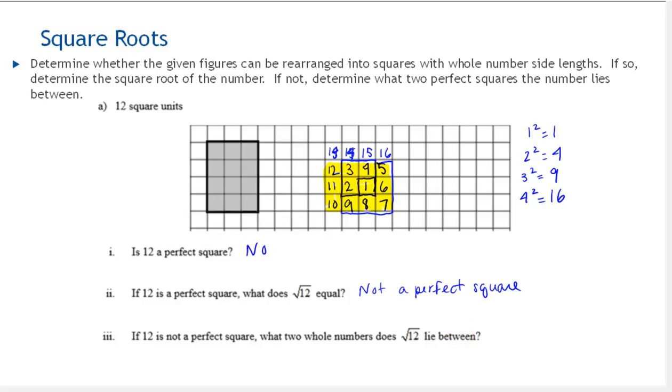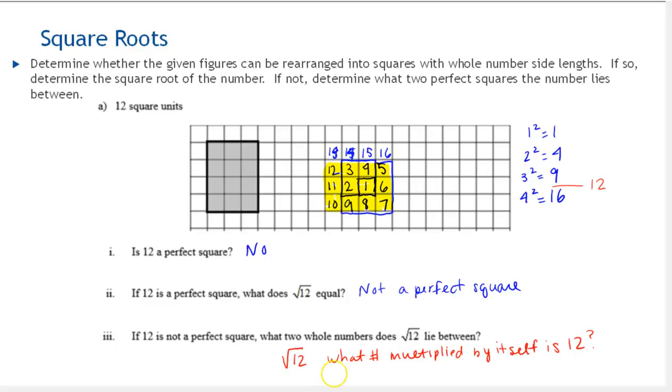Well, notice 12 lies between 9 and 16. So that means the square root of 12, which is saying what number multiplied by itself is 12, is not a whole number, but it is between 3 multiplied by itself and 4 multiplied by itself.